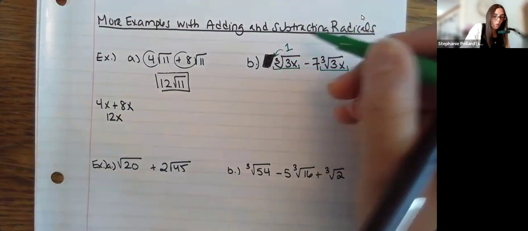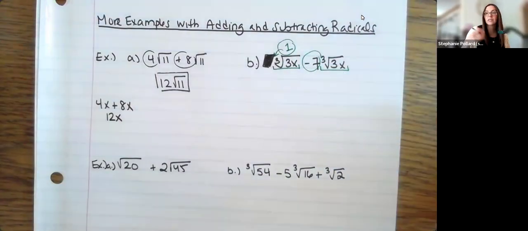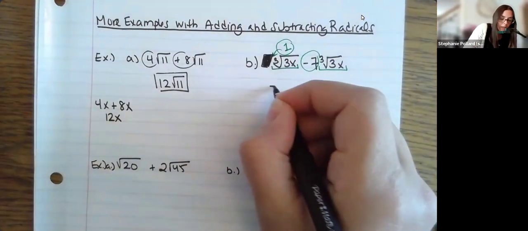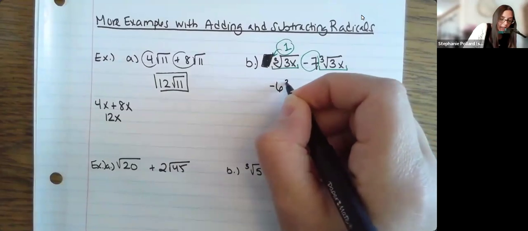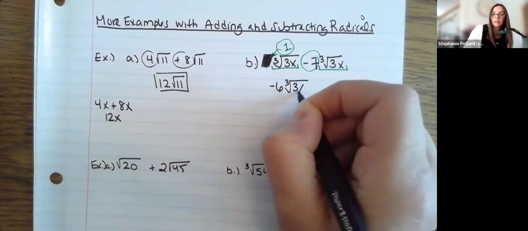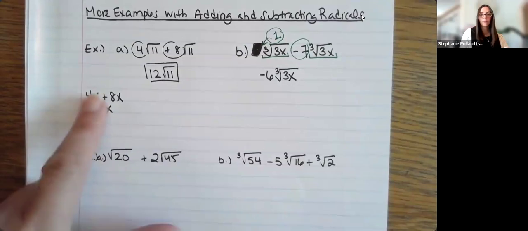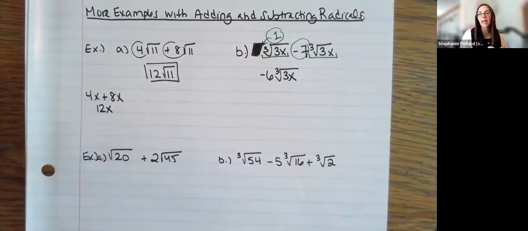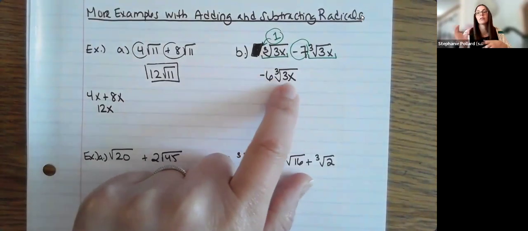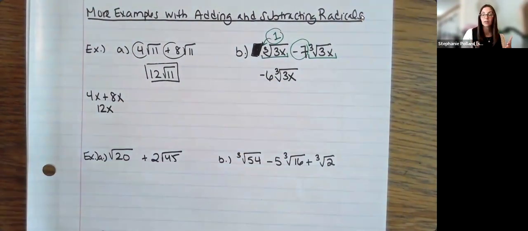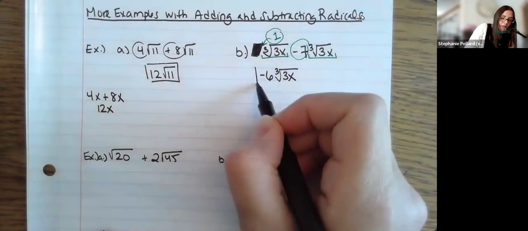So I'm doing 1 minus 7, which is negative 6. And then I'm just tacking on that cubed root of 3x. So again, just like you would with variables, that piece doesn't change when we add or subtract. Now, if you could simplify the cubed root of 3x, you definitely would. I can't do anything with it here, so this would be my final answer.